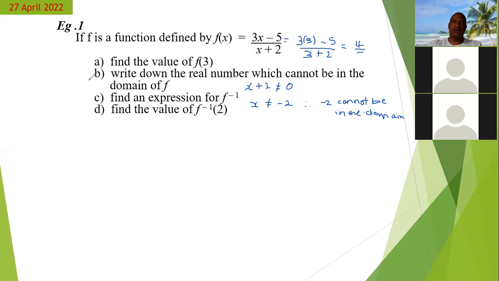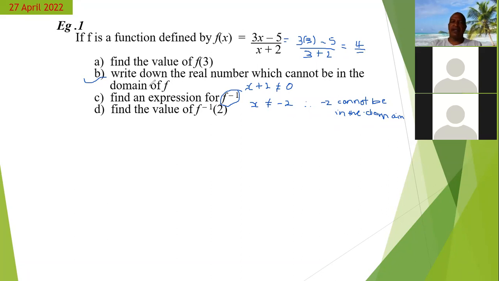All right, so that would solve part 2. Now, part 3 asks that you find the expression, or find the inverse function. That's what this is asking you for. Find f of x inverse. Now I'm going to give you a chance to try that following the steps that we had just looked at before and see whether or not you'll be able to arrive at your answer.